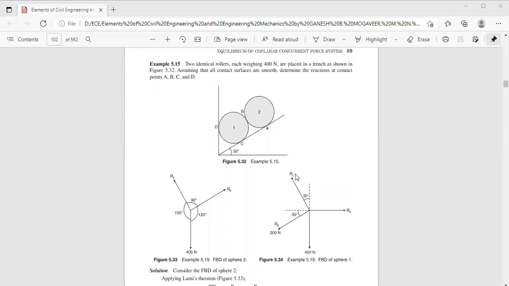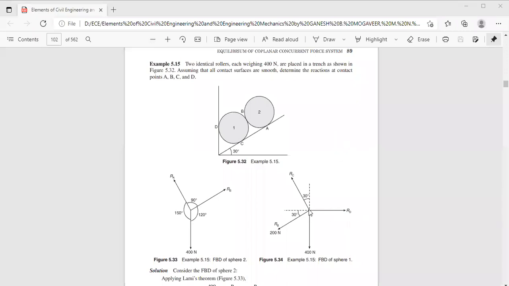So thereby we get the value of RC. This first equation is sigma Fx is equal to 0, that is RD minus RC cos 60 minus 200 cos 30 is equal to 0. You call that equation 1. Next, sigma Fy is equal to 0.